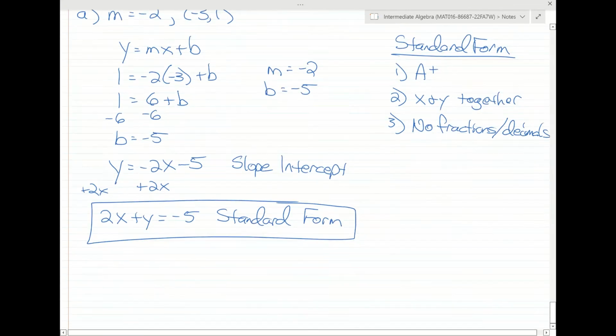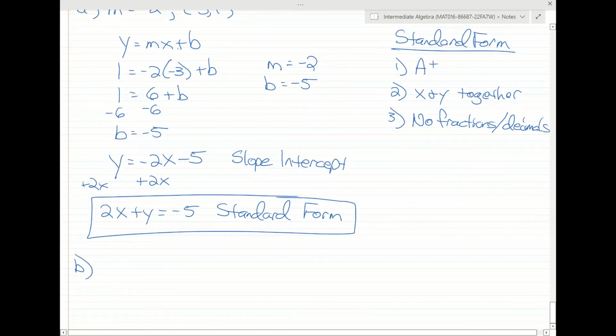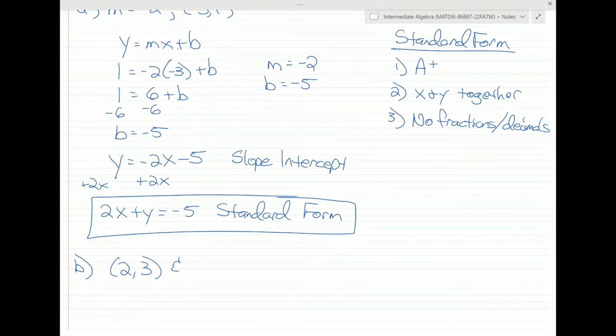One more problem is what if I gave you the points 2, 3 and -4, 4. Why don't you guys go ahead and find the slope for this? Once we get the slope, everything's the same as before. And remember, it doesn't matter which point we're using.